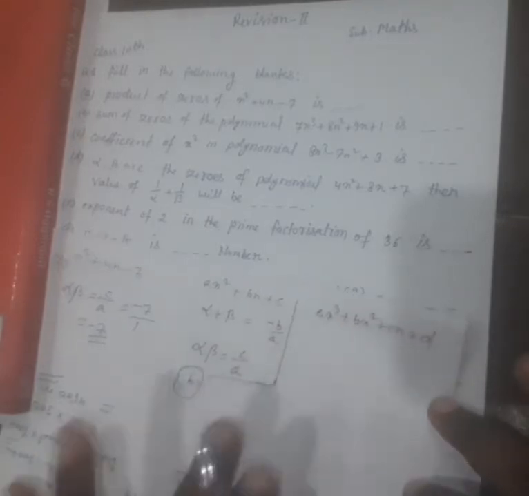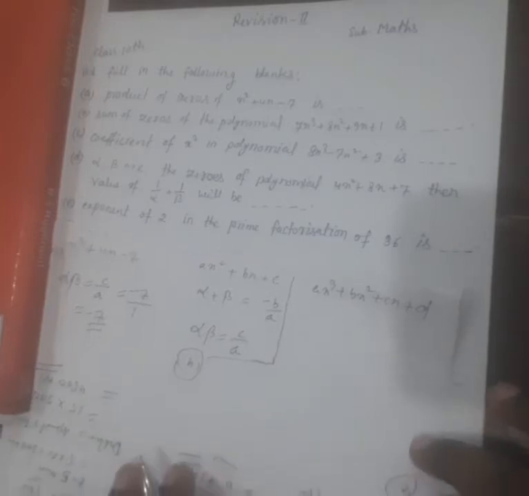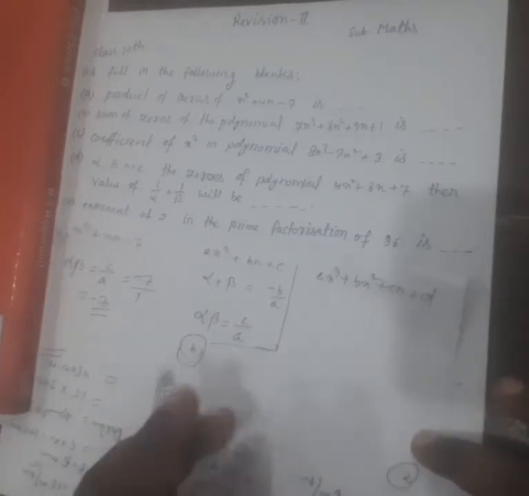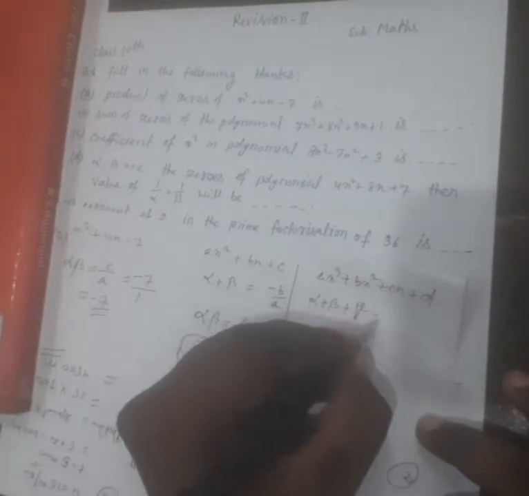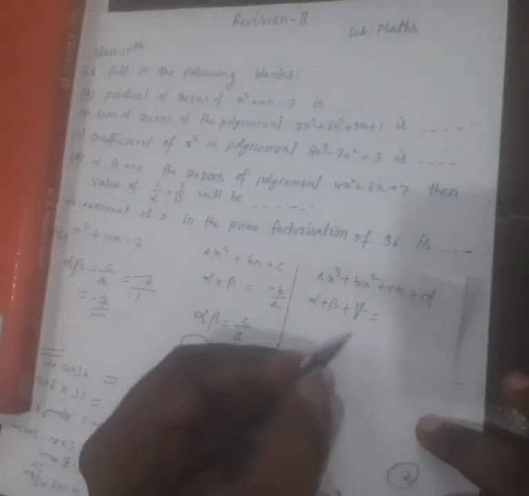For this cubic polynomial, alpha plus beta plus gamma, there are 3 zeros. The sum of zeros is minus b upon a, and the product of zeros, alpha into beta into gamma, is minus d upon a.